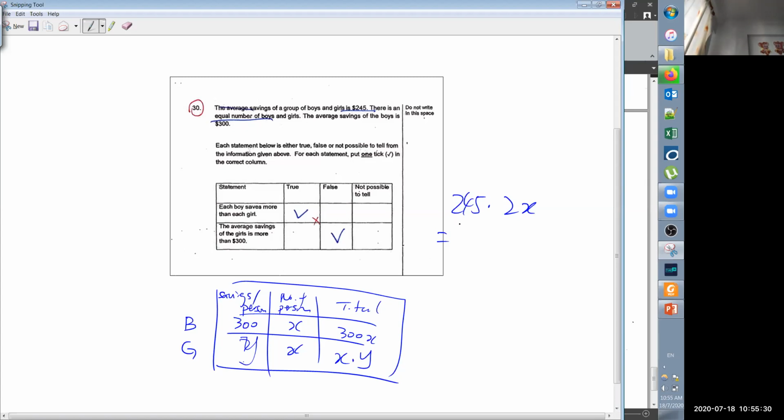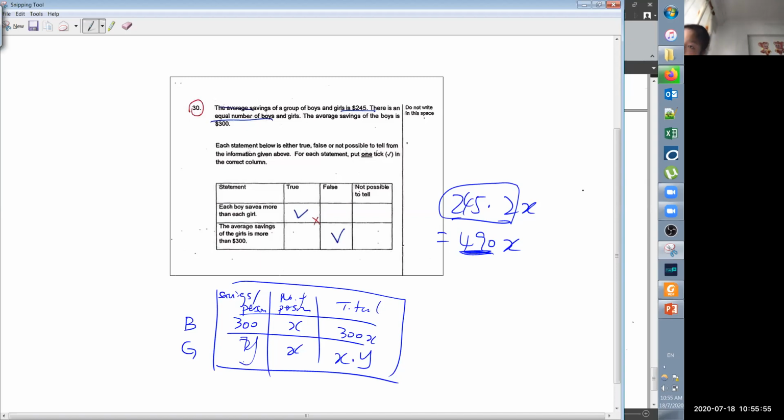So you get what? Can you help me out? 这是490x, right? Here. Is it 490? Two four five times 2. Is it 490?